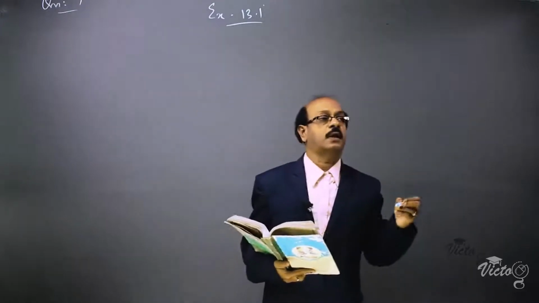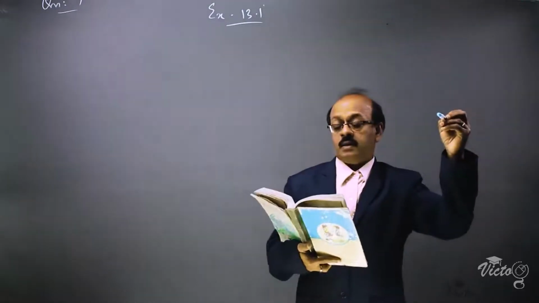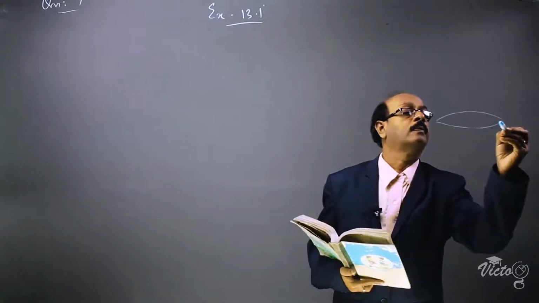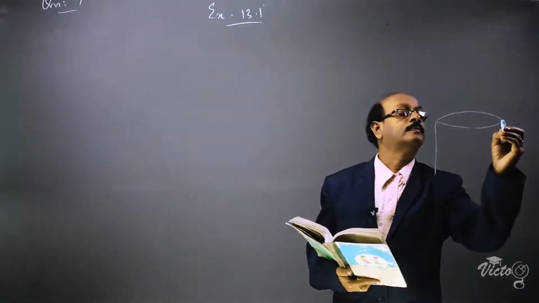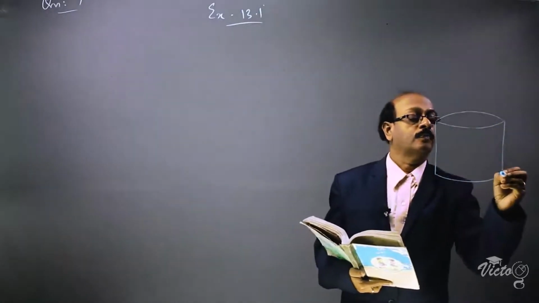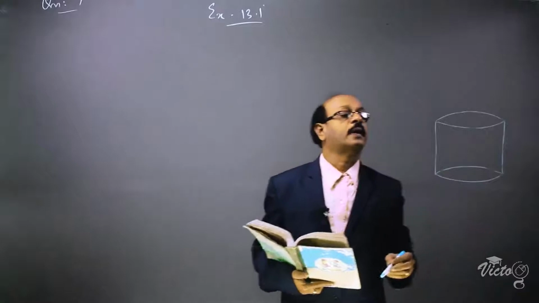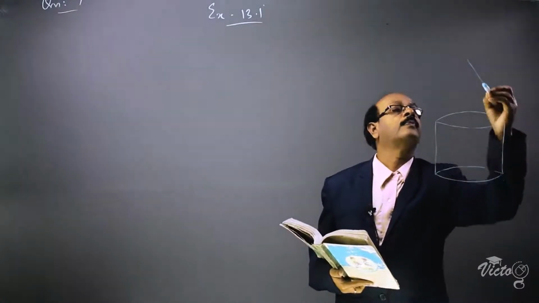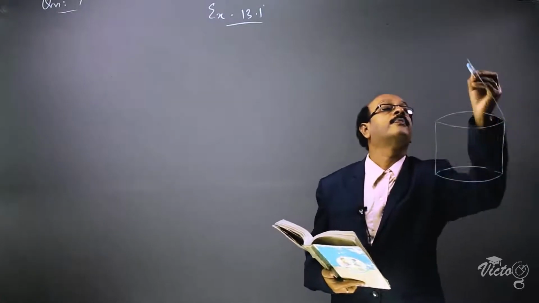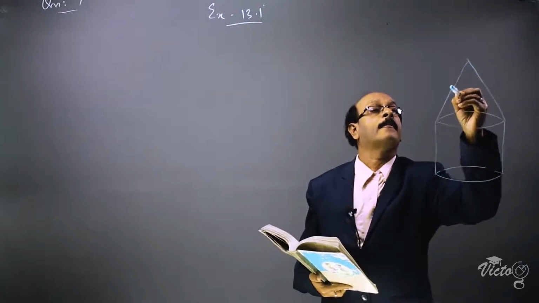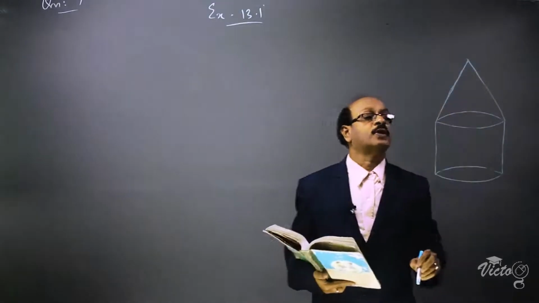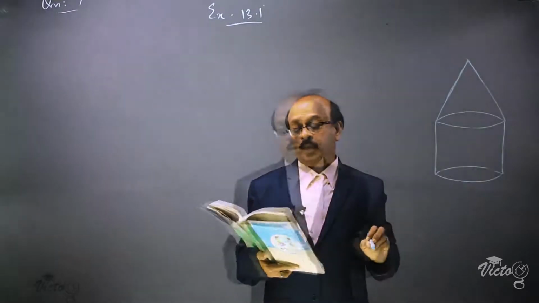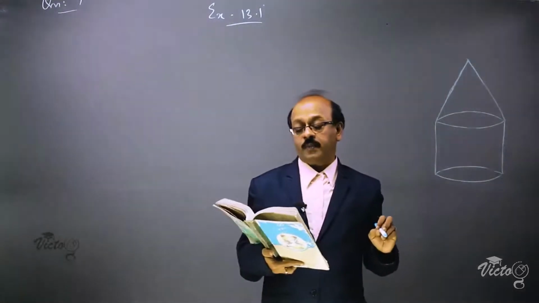So, the rough sketch is, there is a cylindrical part, and a cone is mounted on it. This is the shape of the tent.